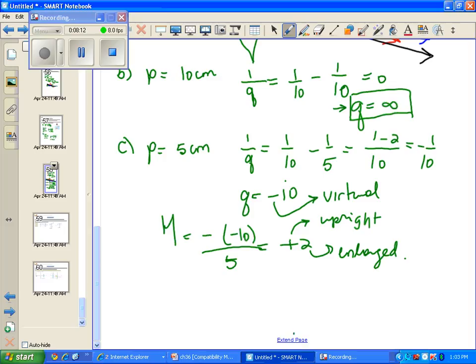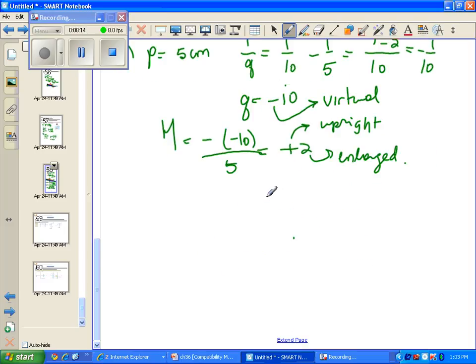And now we try to form a ray diagram. Here's our lens. Here's our principal axis. Here are the 2 foci.